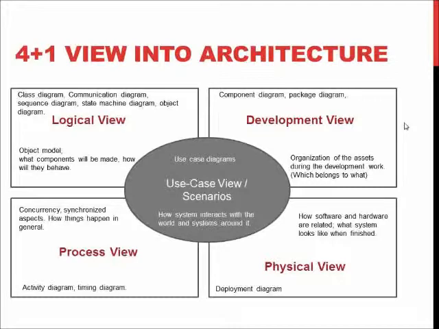The physical view, the deployment diagram, like I said earlier, shows how software and hardware are related and where things actually run. It is also one of the more applied approaches. This is actually important for things like assessment of the real world connection, network availabilities, for example. So we have to know which places require, for example, a landline connection for the internet.